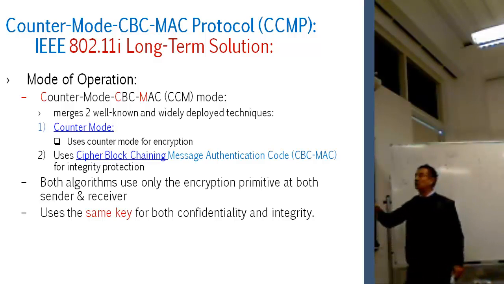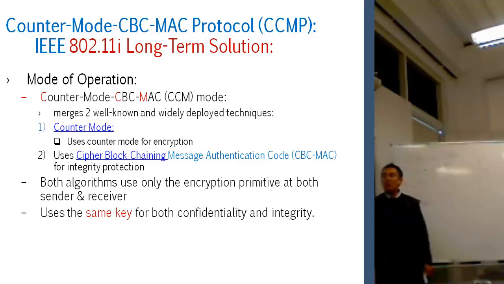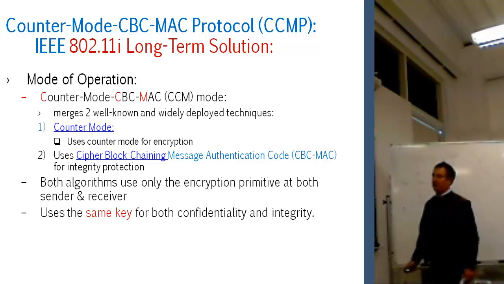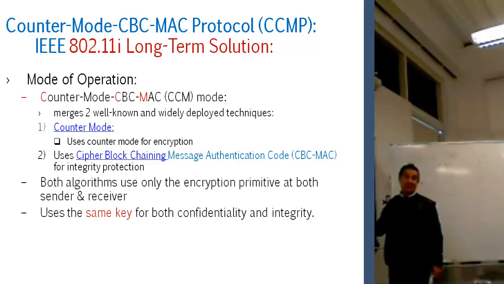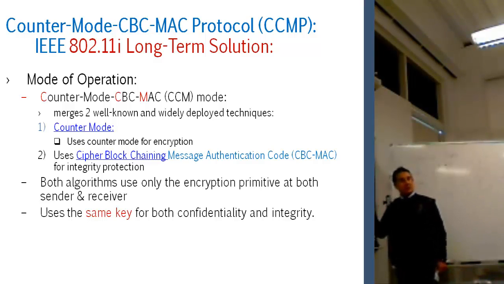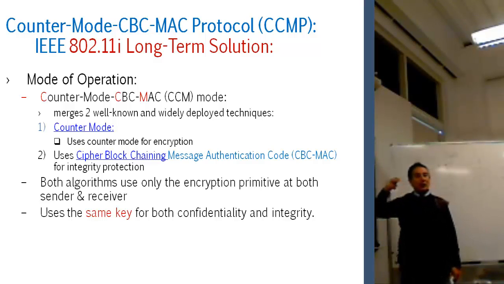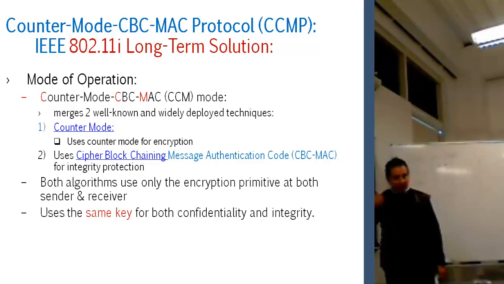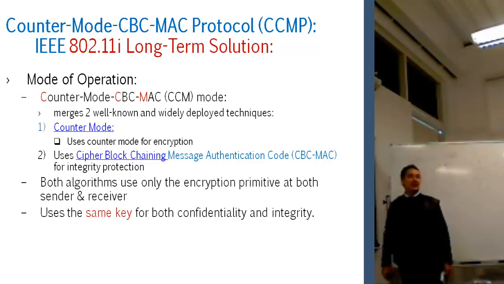So both algorithms use only the encryption primitive at both sender and receiver, and use the same key for both. That's also another thing: confidentiality and integrity. So I don't need any MAC key extra, separate from the encryption key. The encryption key is going to be used for encryption and for MAC calculation. So this also reduces the complexity or the management of the keys.